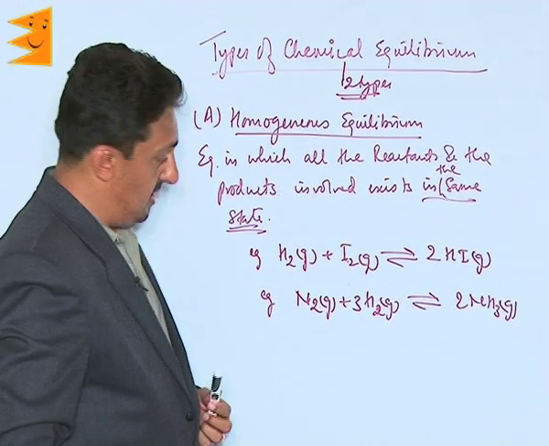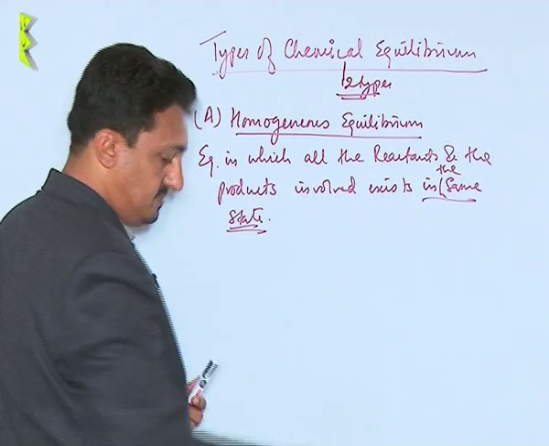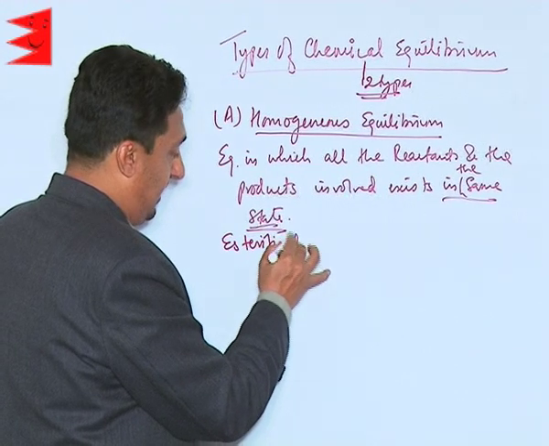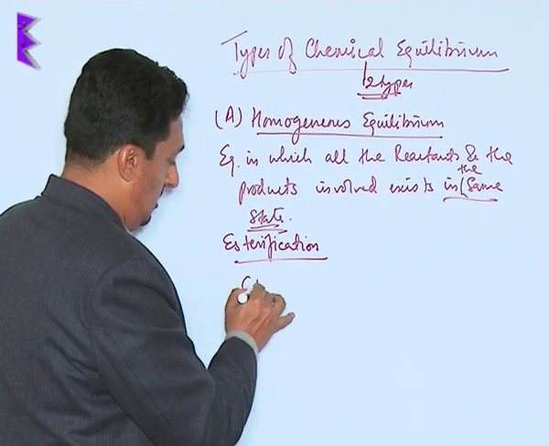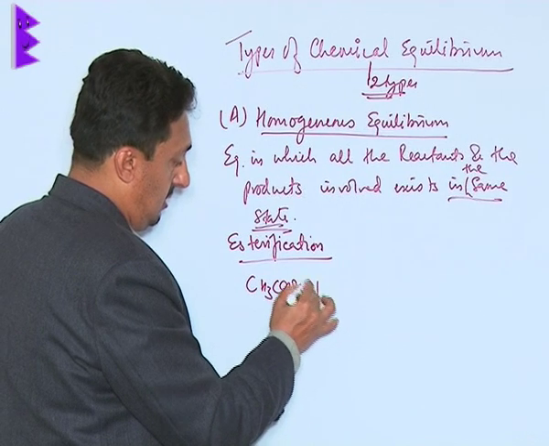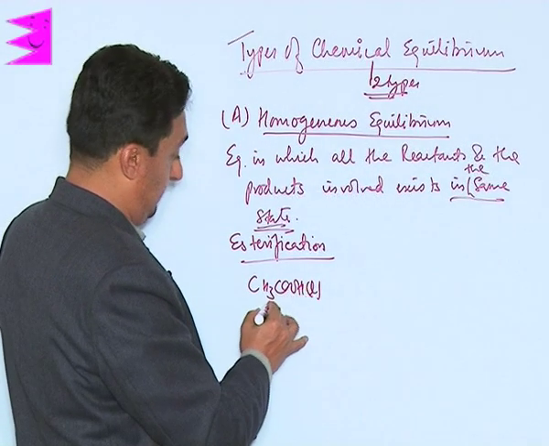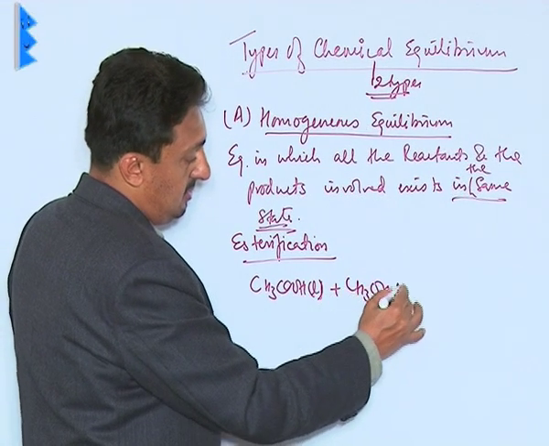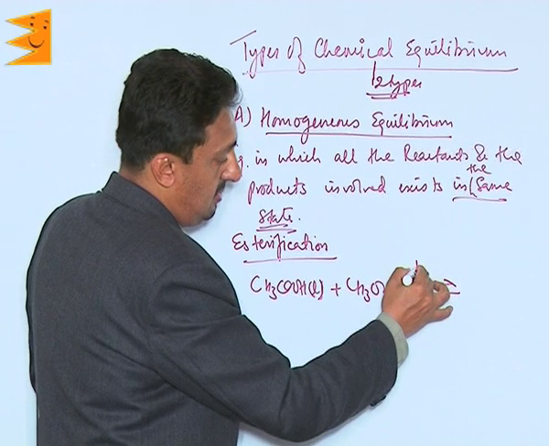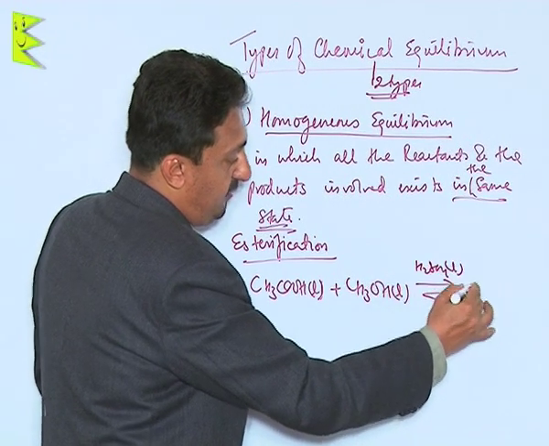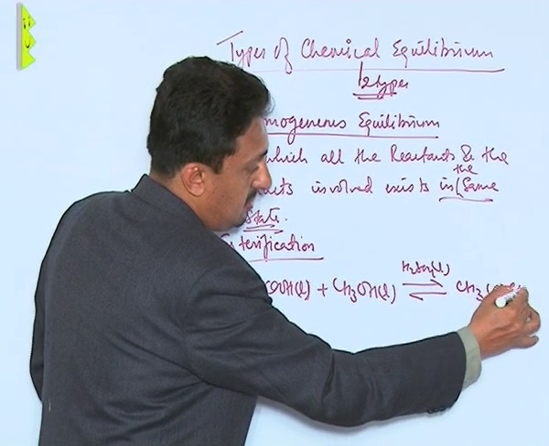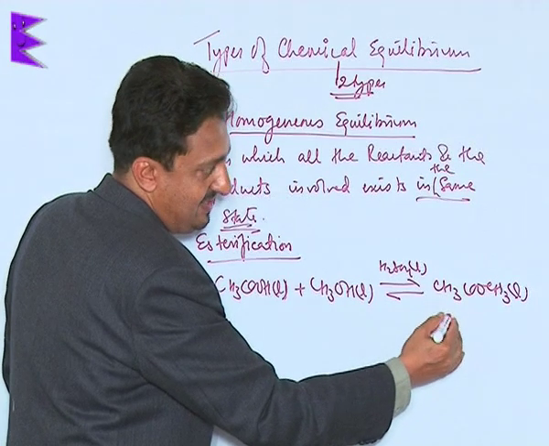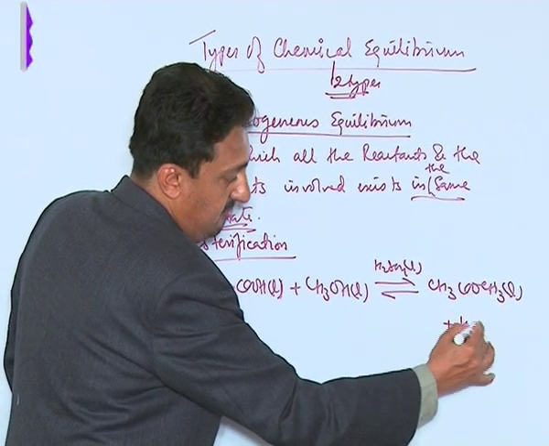homogeneous equilibrium. I can give you one more example, like esterification, in which ethanoic acid or acetic acid, when reacted with methanol in the presence of sulfuric acid, results in the formation of methyl ethanoate or acetate, which again is a liquid, and water.